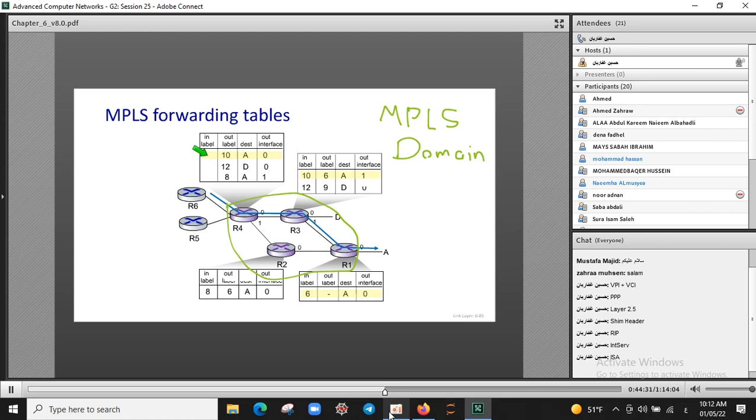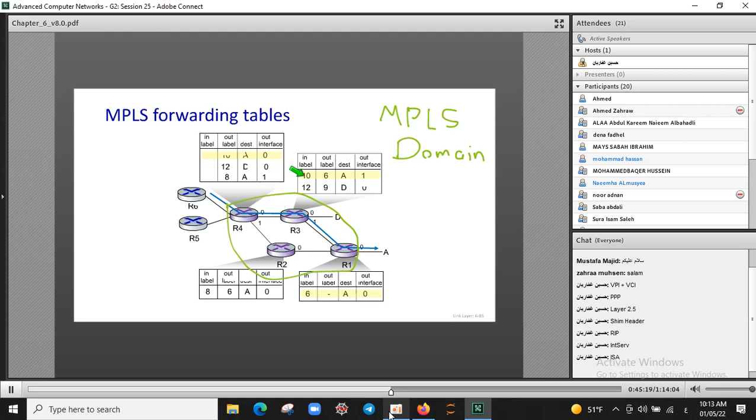So here in R4, you can see that we have no input label, but the packets would receive an output label. For example, a packet comes from router R6 into R4 for destination A. This packet will receive a shim header with output label 10, and it should be forwarded to output interface 0, this one here.